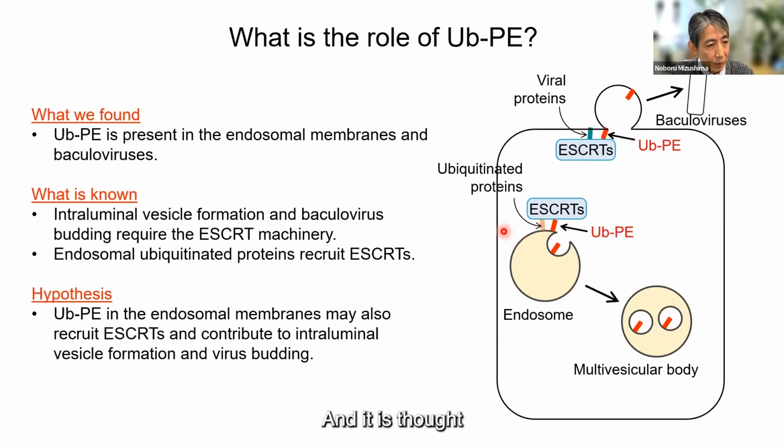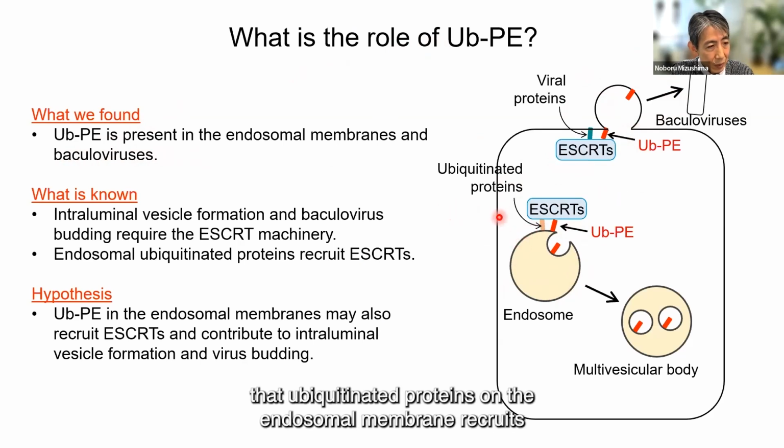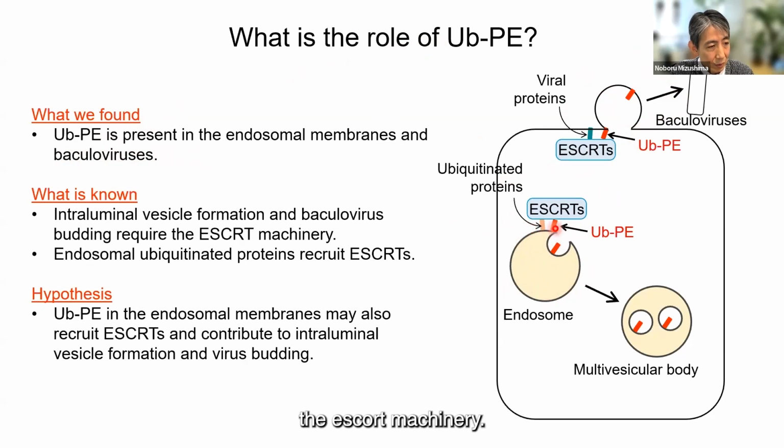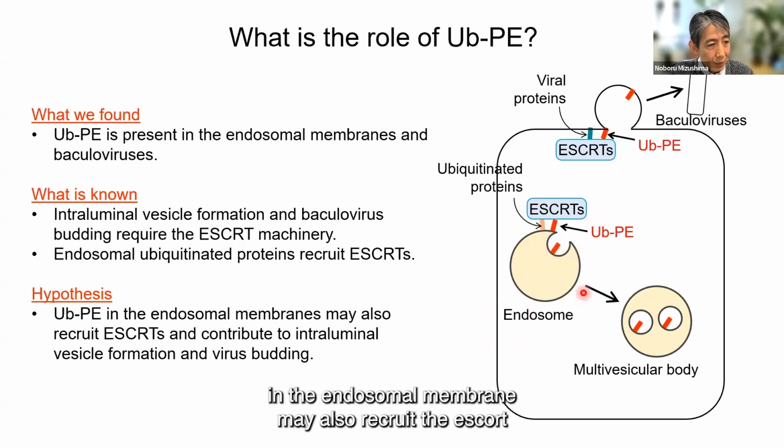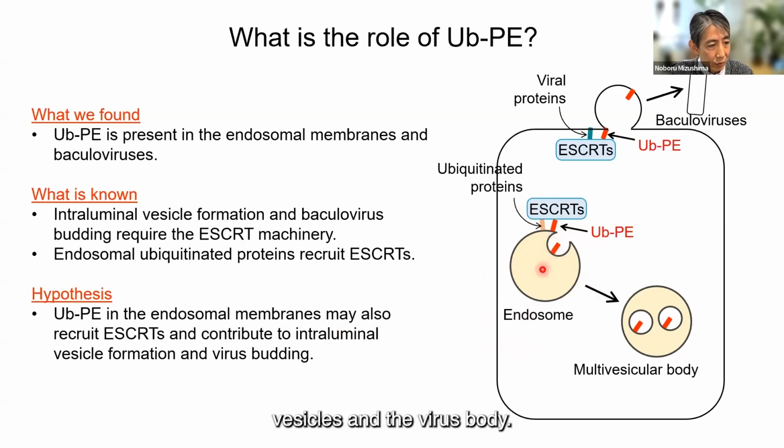And it is thought that ubiquitinated proteins on the endosomal membrane recruit the ESCRT machinery. Then we hypothesized that ubiquitin PE in the endosomal membrane may also recruit the ESCRT machinery and contribute to the formation of intraluminal vesicles and vacuolar budding.